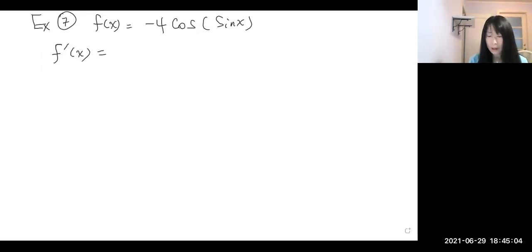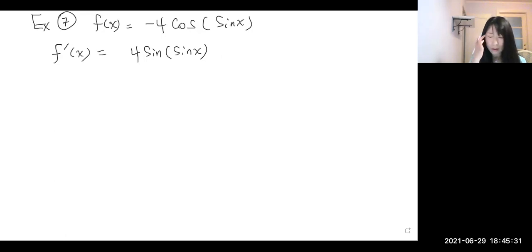Okay, the coefficient, we keep the coefficient, right? Then what's the derivative of cosine? Negative sine. Negative sign, so it's a positive. It will be positive, right? Positive 4 sine. Now whatever is inside, right?